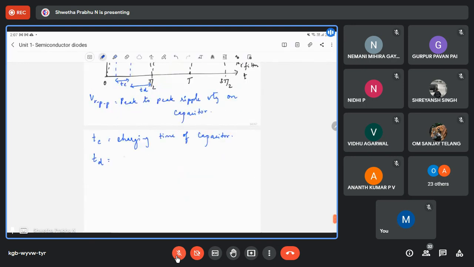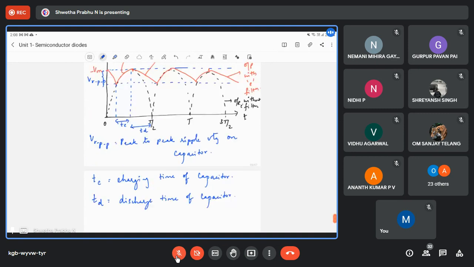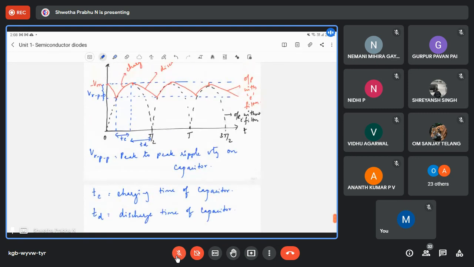TD represents the discharge time of the capacitor. And T by 2 is the time period with respect to charging and discharge.